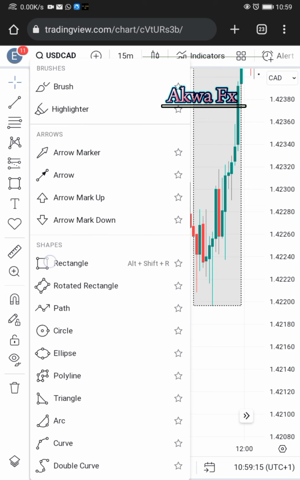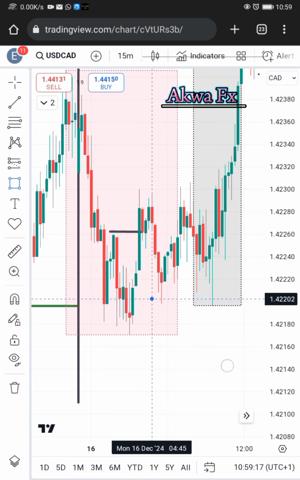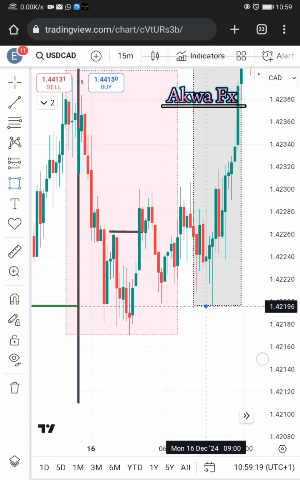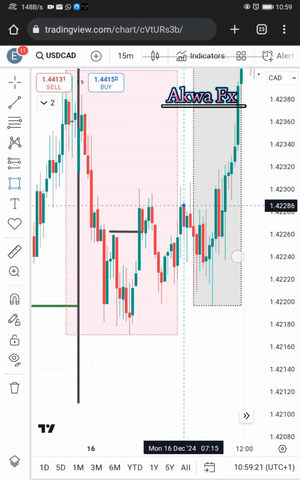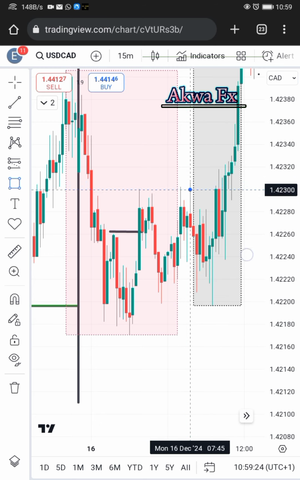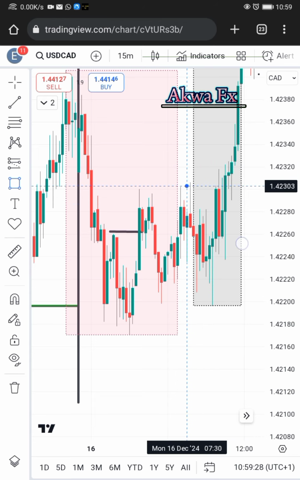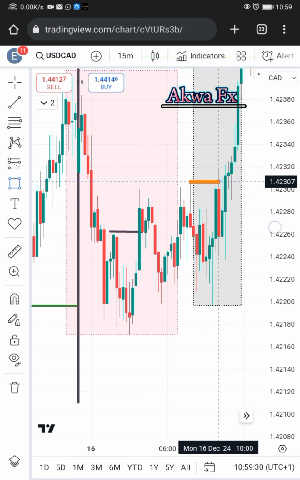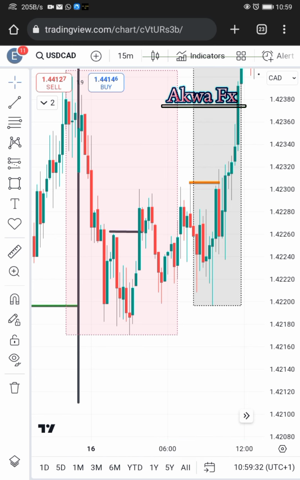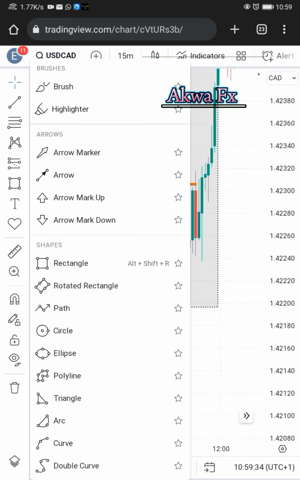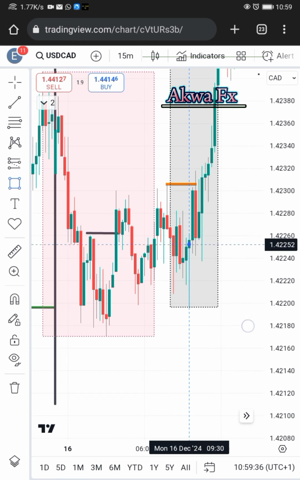So we have to wait for the London session, where we are going to be taking our trade. As the London opens, you can see the London open right here. It pares back up and it breached this structure with a wick. Upon retesting this zone, you can take your trade right here.